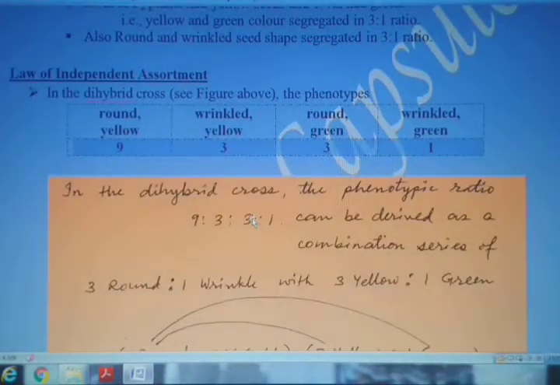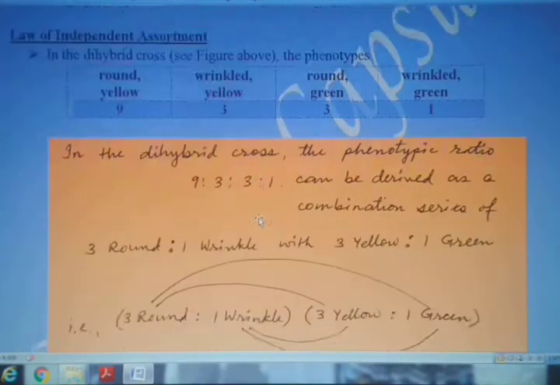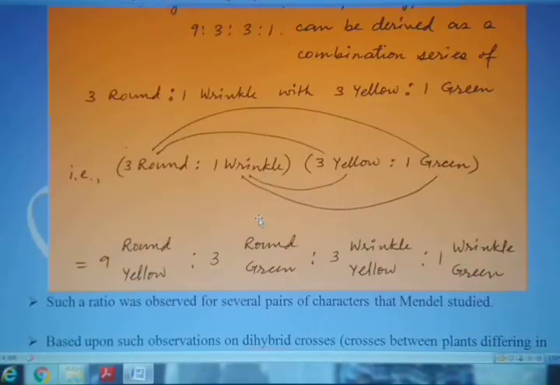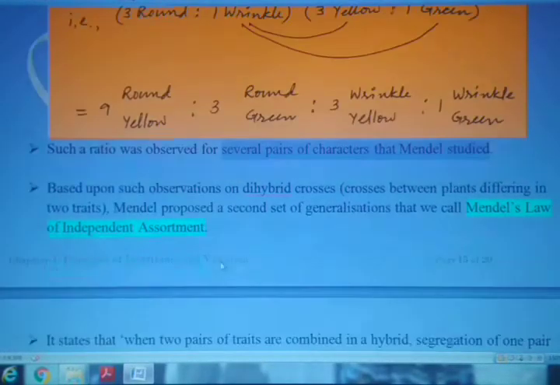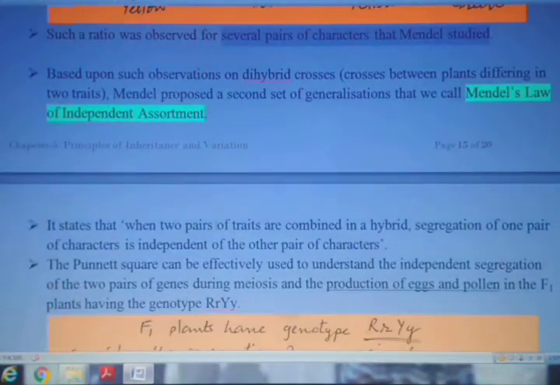That was the shape and the color of the seed. And if you remember monohybrid cross, that was about the height of the plant. So he combined 2 of these, means a pair of characters, and he studied them together in the dihybrid experiment, and he found the results to be similar in all cases.